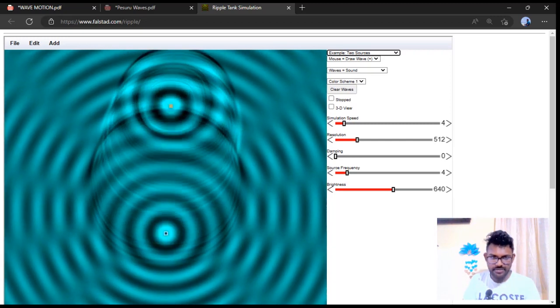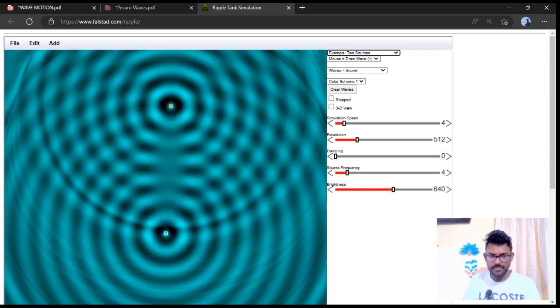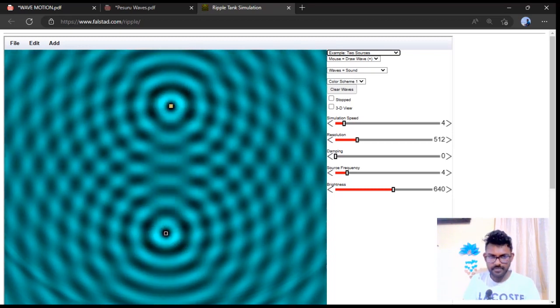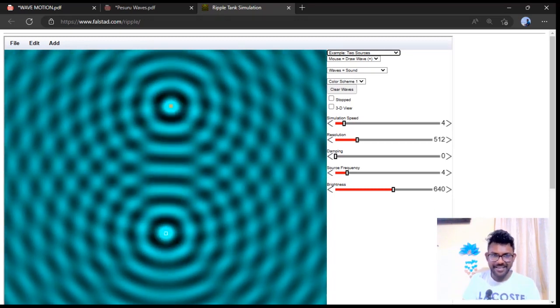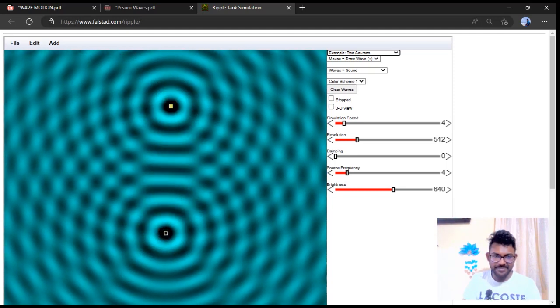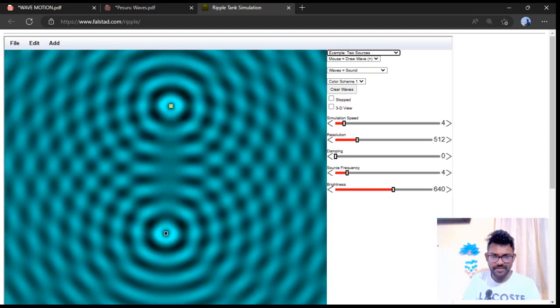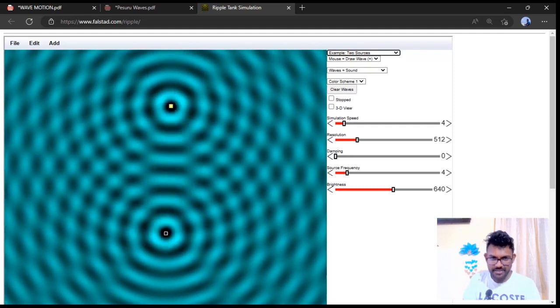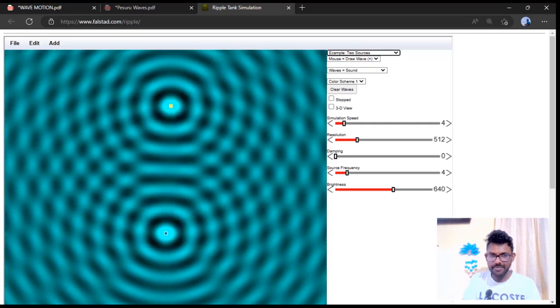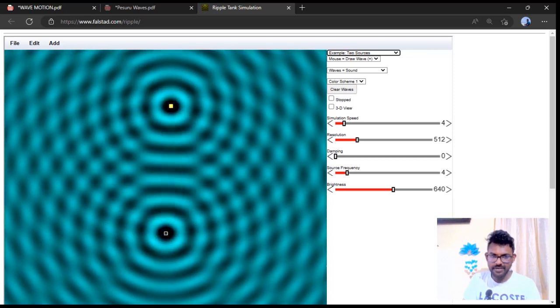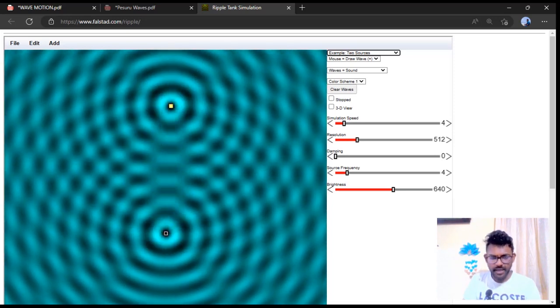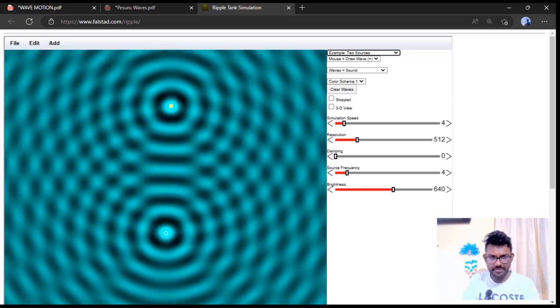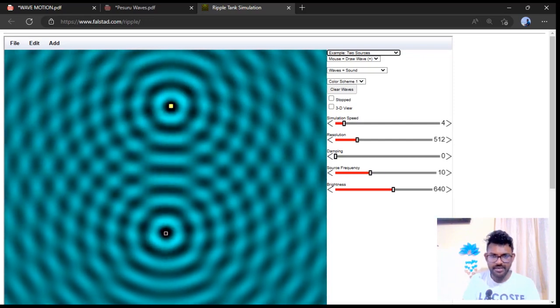Now if I take it out like this, you can see the constructive and destructive interferences. The black ones are the destructive interference, while the shiny or colored ones are the constructive interference. You can play with this. There are settings called damping and source frequency.